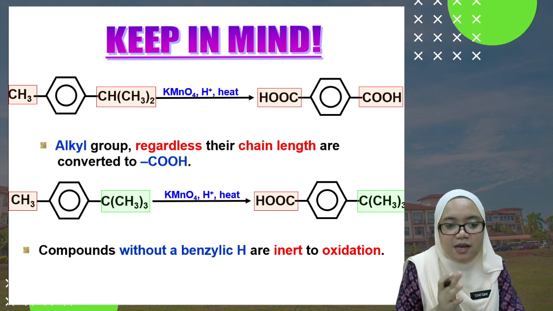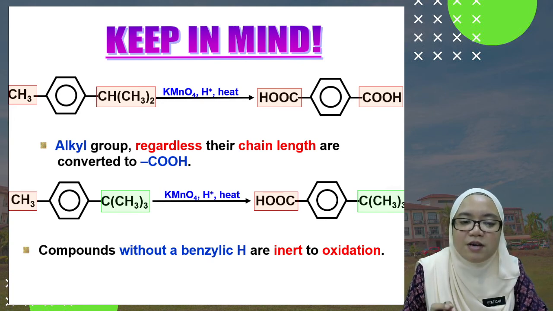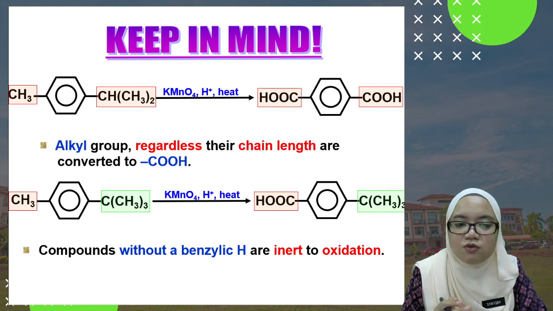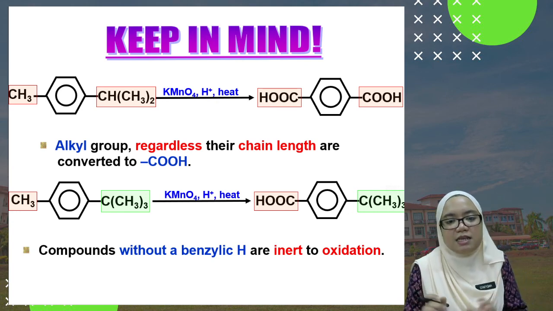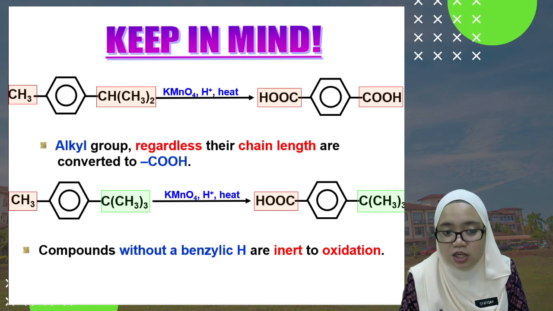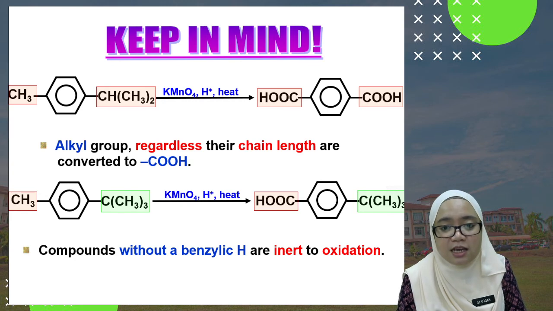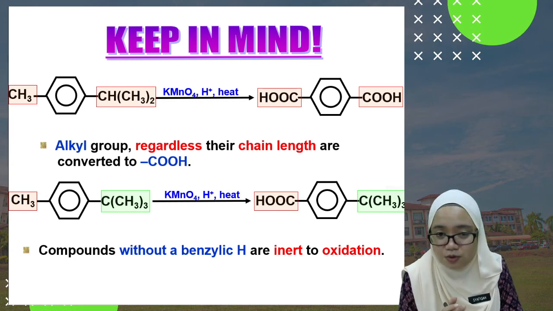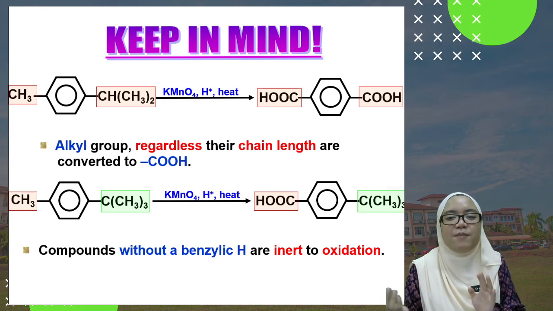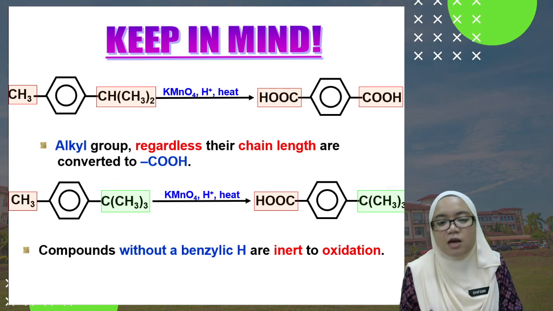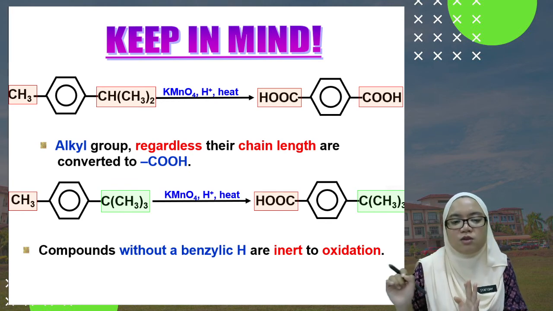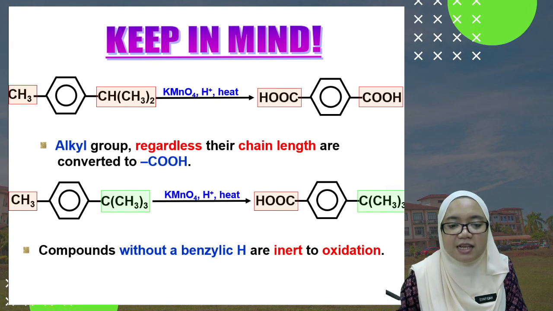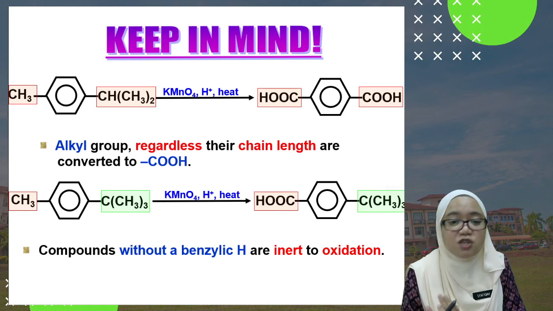So remember, okay, the alkyl group chain yang dekat benzene ni, bila dia undergo oxidation, dia akan form carboxyl group. Okay, so dia akan form benzoic acid lah. Tapi kalau dekat substituent tu dia tak ada benzylic hydrogen, dia inert, so dia tak akan undergo oxidation.